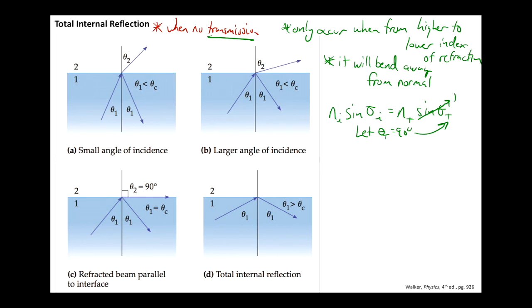And then I can solve for what theta incident needs to be for that to happen. So let's solve this for theta I. Sine theta I equals Nt over Ni. So theta I is going to be the inverse sine of Nt over Ni.